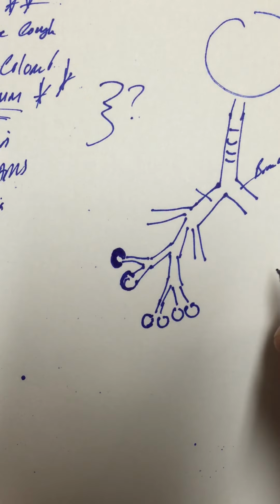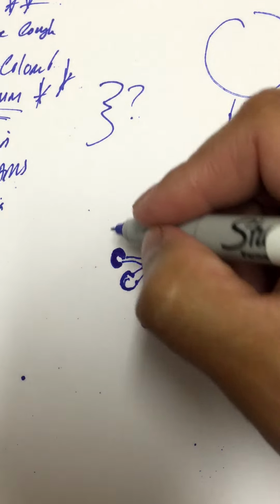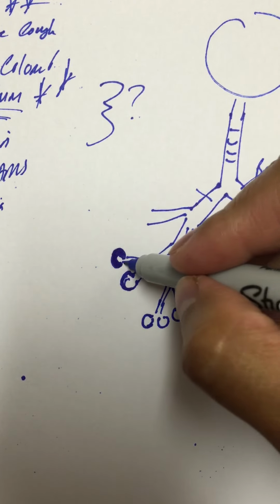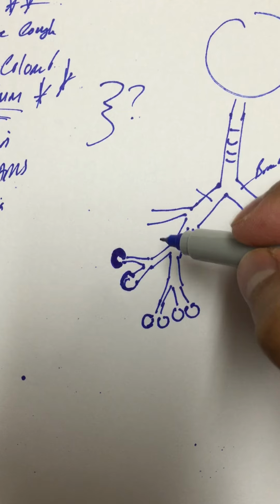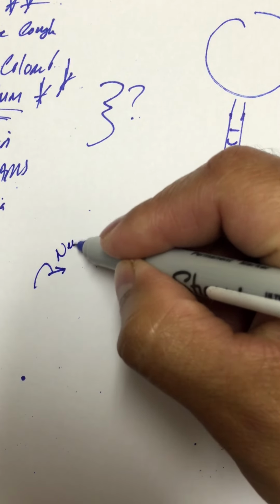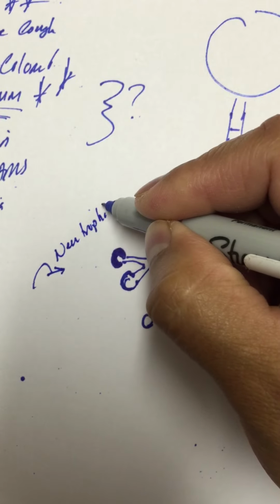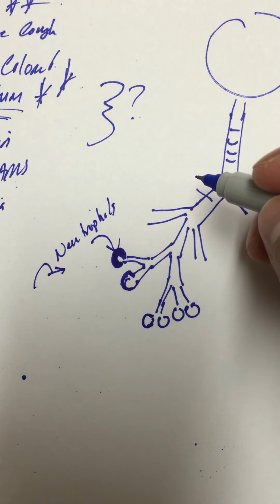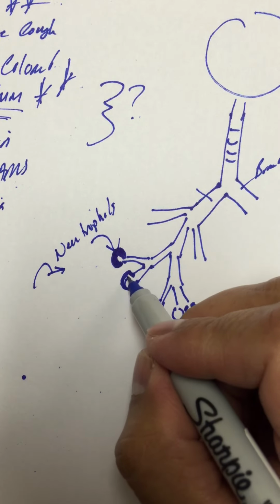Now your own immune system will kick in, and it's going to send some soldiers, some officers to come in and start taking care of the infection. First ones to arrive will be your neutrophils. They'll come here and start taking care of problems. They'll start gobbling up whatever's present.